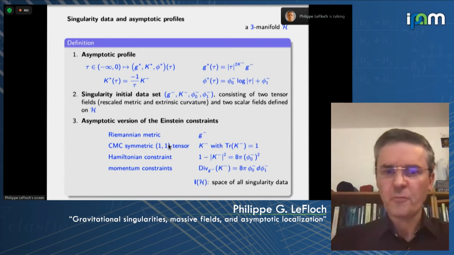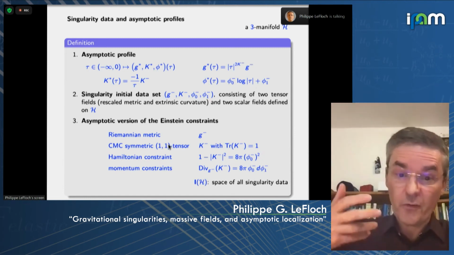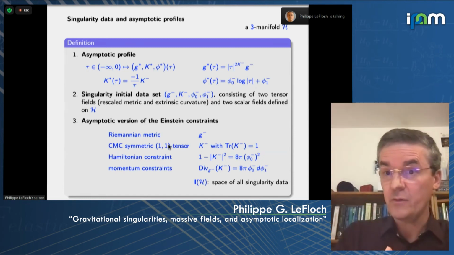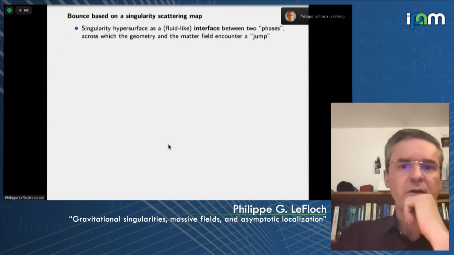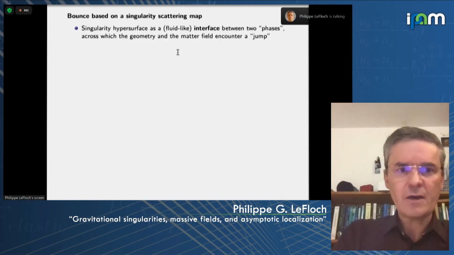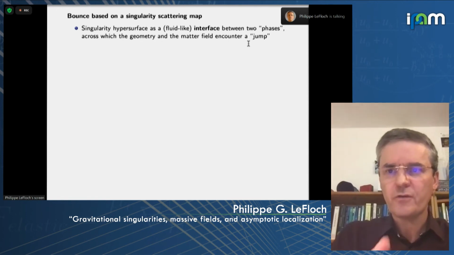I have a certain space of singularity data, and what I want to tell you now is how I do the junction from a set of singularity data on one side of the interface, I think of it as an interface, to the other side. Okay, so we have a fluid-like interface. The geometry and the matter encounter a jump, but it's even worse than a jump because it's singular.